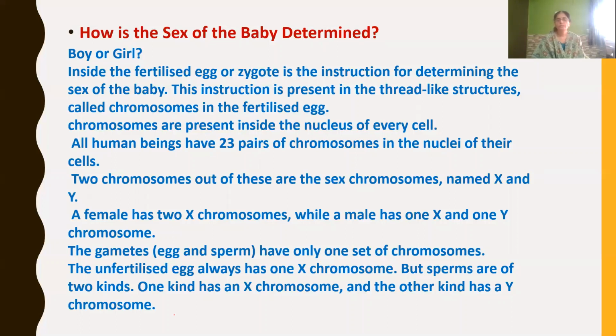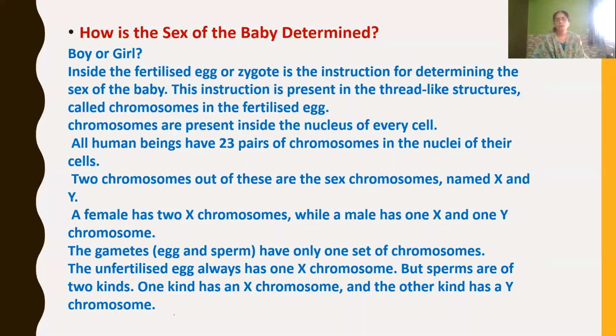They are named the X chromosome and the Y chromosome. In a female, the sex chromosome pair has 2 X chromosomes. But in a male, there is 1 X chromosome and 1 Y chromosome.